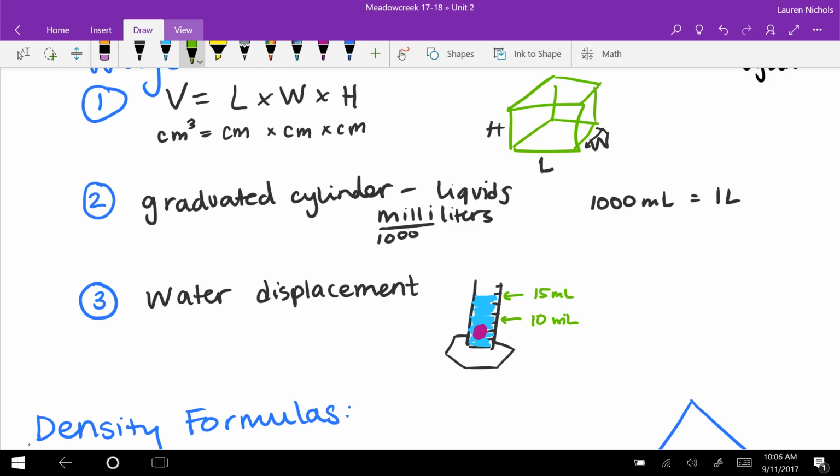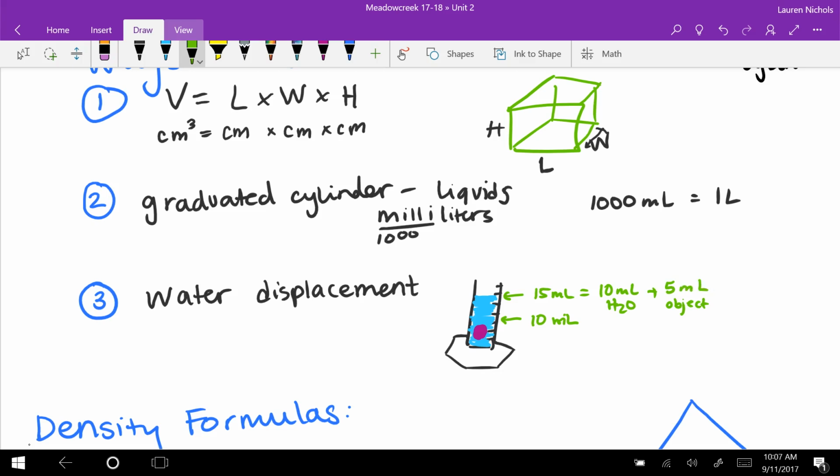And so when it goes up, our new reading might say 15 milliliters. Now, we know the object's volume is not 15 milliliters because the 15 milliliters is equal to the 10 milliliters of my water plus the amount of volume of my object. And so what we do is we subtract these two numbers to get the volume of my object, and 15 minus 10 would be 5 milliliters.